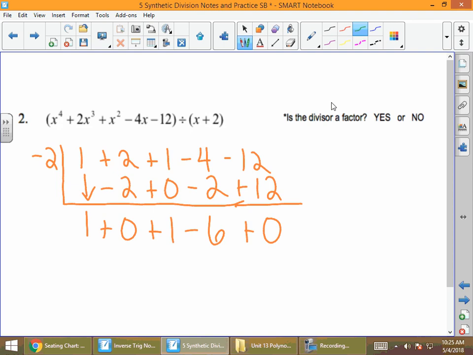This time, we started with x to the 4th. Our answer, our quotient, is going to be 1 degree less than what we started with.